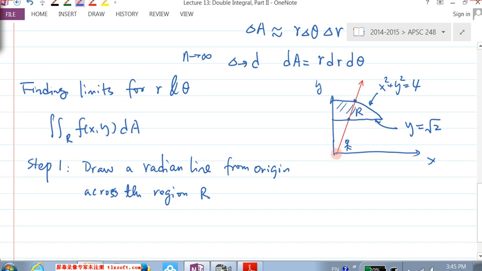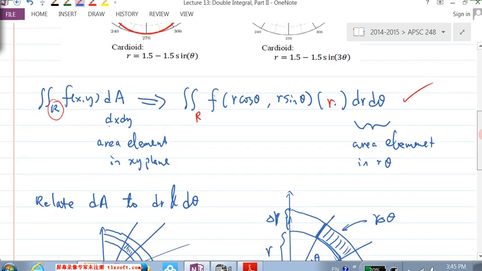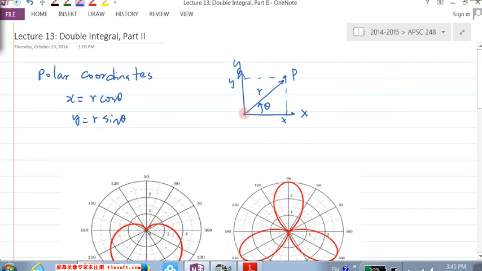First of all, why am I drawing a radial line out of the origin like this? Because how is r defined for polar coordinates? r is always defined as the distance from the origin to a certain point.